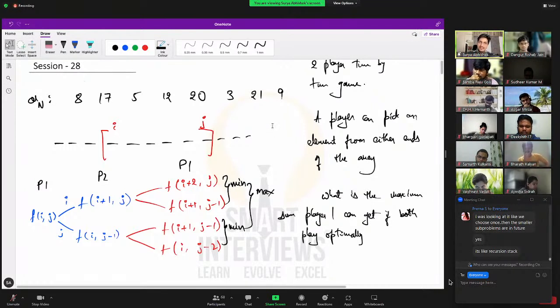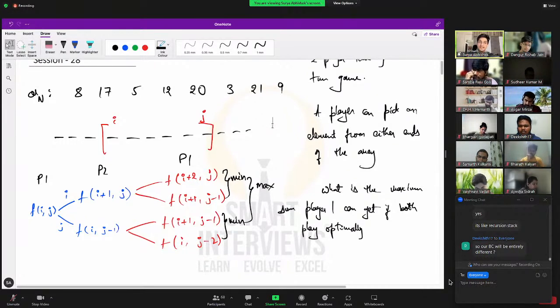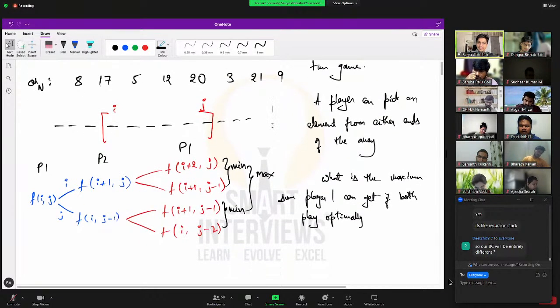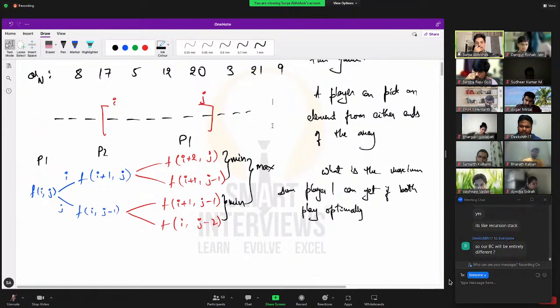Yeah, you can imagine it like recursion. To solve the current problem, you need to solve the subproblem. Where is that subproblem coming from? Yes, our base condition will be very different here. If you understand our base condition, you'll see how this will progress outwards.